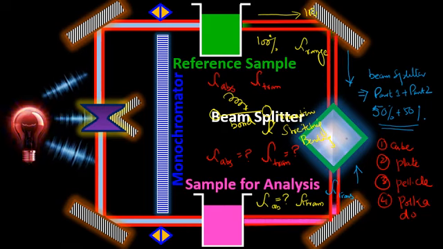So the incident radiation is split into a ratio of 50-50%, and then these radiations are moved forward to the third part of the infrared spectroscope, known as the infrared spectroscope detecting region.